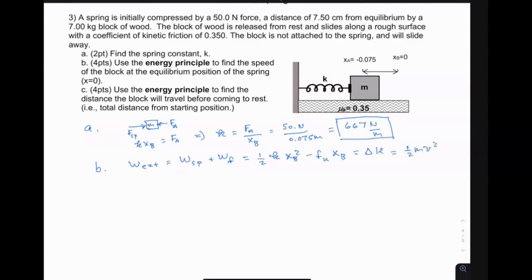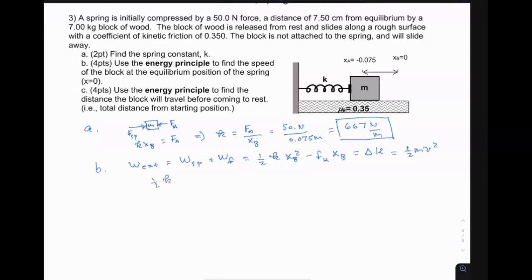So its initial kinetic energy is 0. We are to solve for the velocity. So we can rewrite our equation as 1/2 K XB squared minus mu sub k mg times XB is equal to 1/2 mv squared.